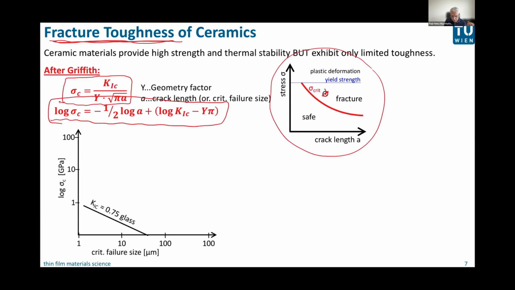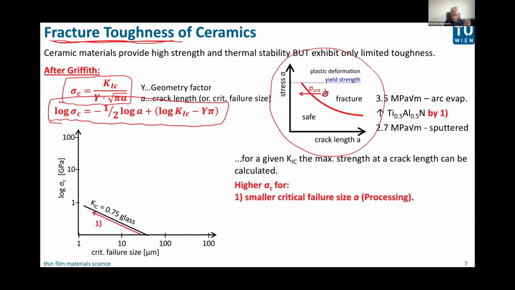So what can we do to be in a safe mode? The first thing, it's obvious, because this equation here just gives you two variables, K1C and the crack length or the pore size. So these are the only two variables that we have. Y is a factor, and P, of course, is a factor, right?